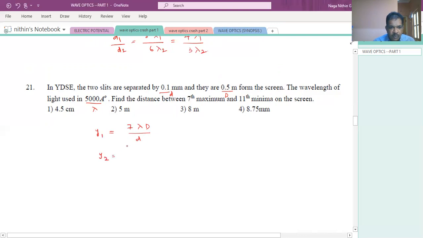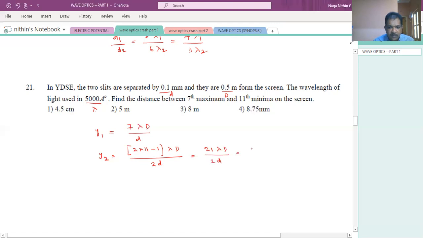Y2 is (2n minus 1), 2 into 11 minus 1, lambda D by 2d. Okay, this value will be how much? 21 lambda D by 2d.